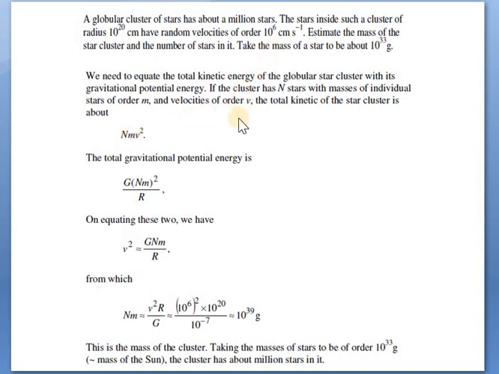We also know the value of the gravitational potential energy, and so if we equate both of them, then from there we get this value of Nm. So this gives us the total mass of the cluster, and from there if we put the value of small m, we get that the cluster has indeed about a million stars in it. So this is a very basic application of the Virial theorem. Any questions?